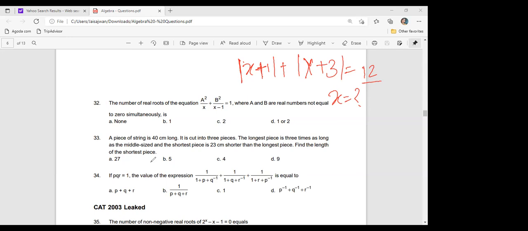Be fast. कुछ लोग तो सोच के बैठेंगे, कुछ नहीं करेंगे.